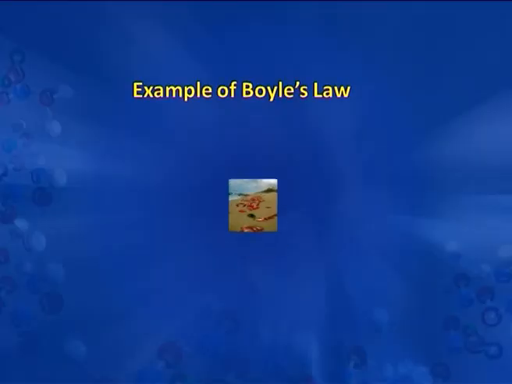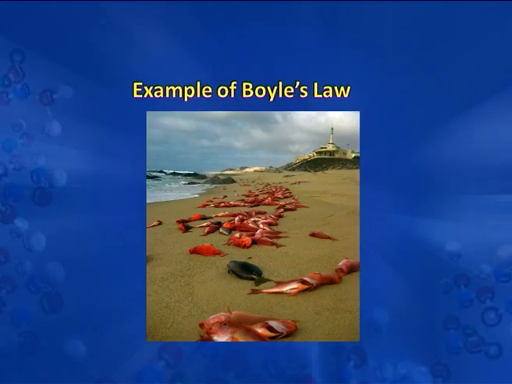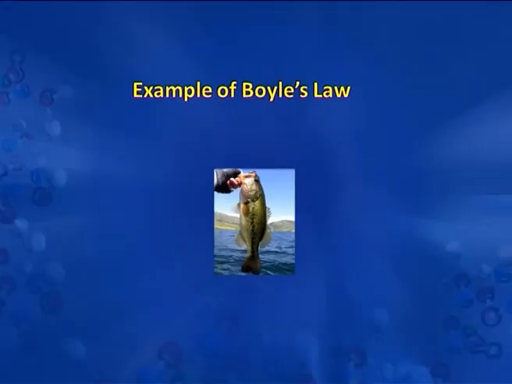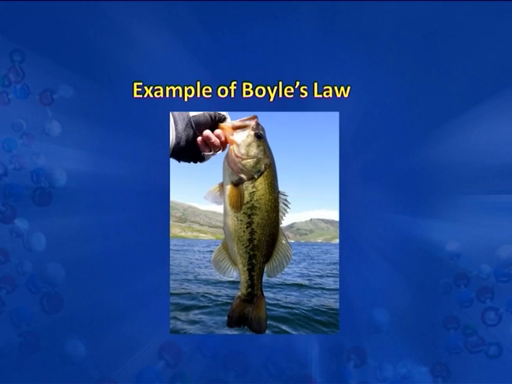As the pressure decreases at the surface, the volume of the gas in their bodies increases. So, what happens in this case? It pops the bladder, cells and finally the fish die.